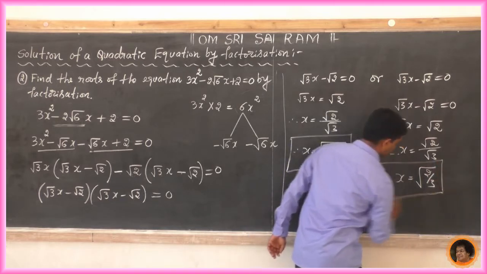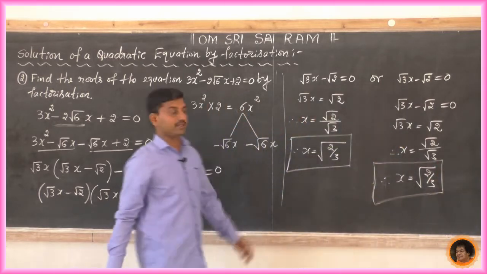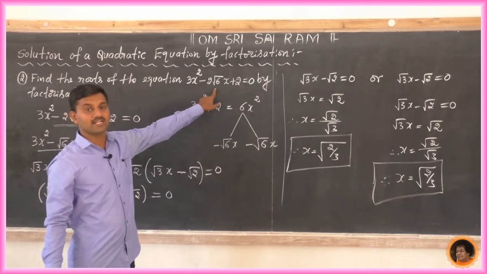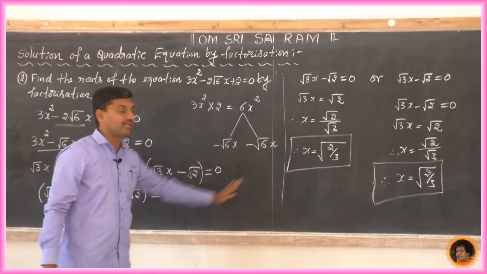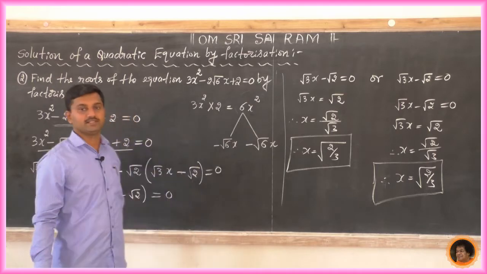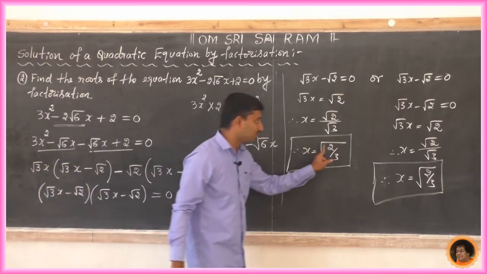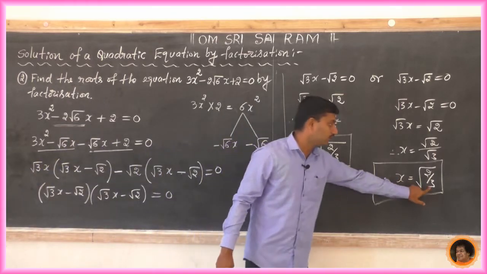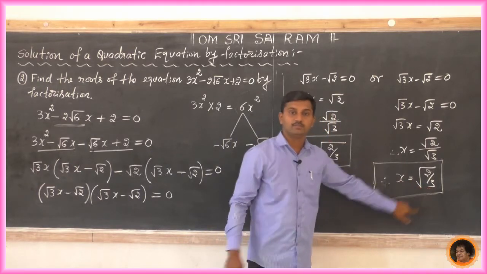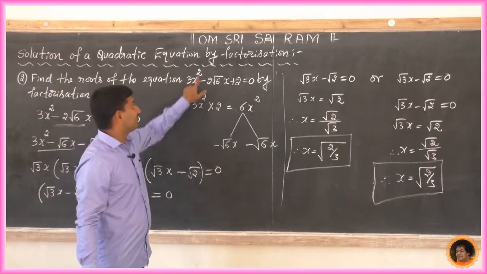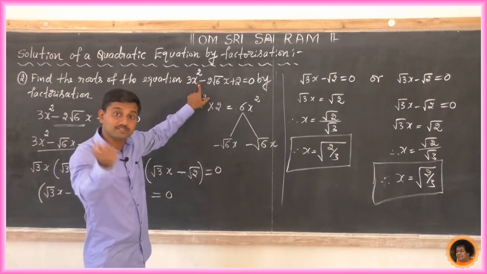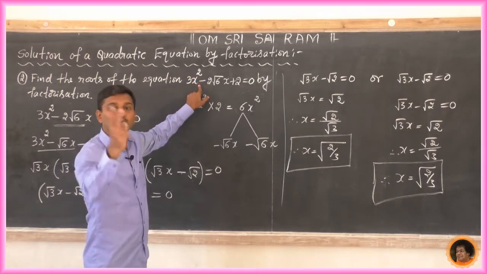So these are the solutions of the given quadratic equation 3x square minus 2 root 6x plus 2 equal to 0. This method is known as the factorization method. The two roots are x equal to root 2 by 3 and x equal to root 2 by 3. Because in a quadratic equation the highest power is 2, it has 2 roots.